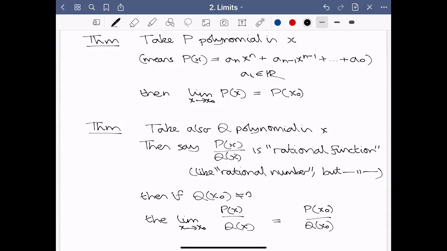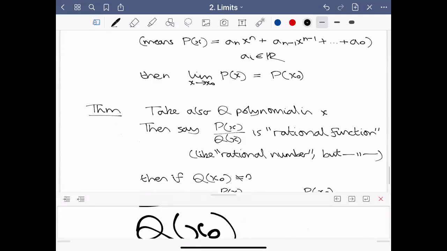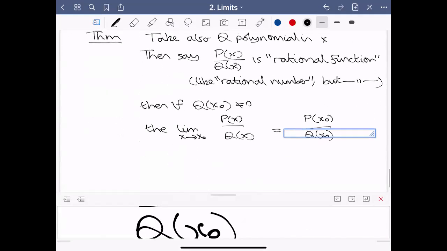Okay, let's continue. We stated these two theorems. Let's give an example, especially this last theorem.